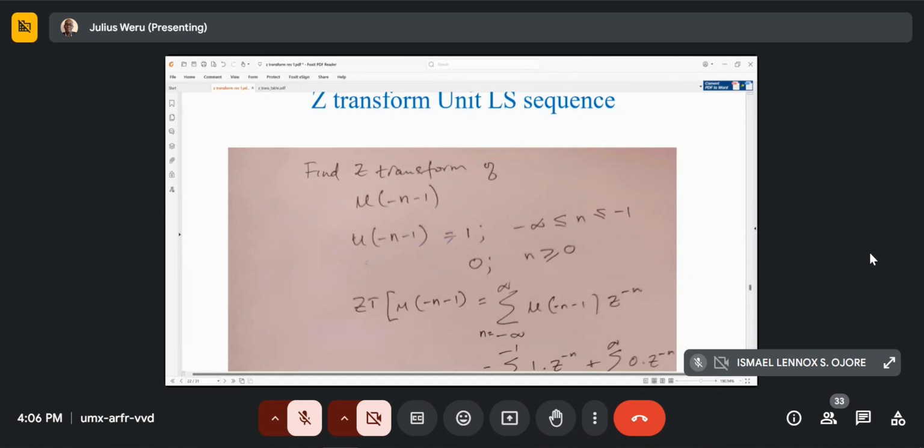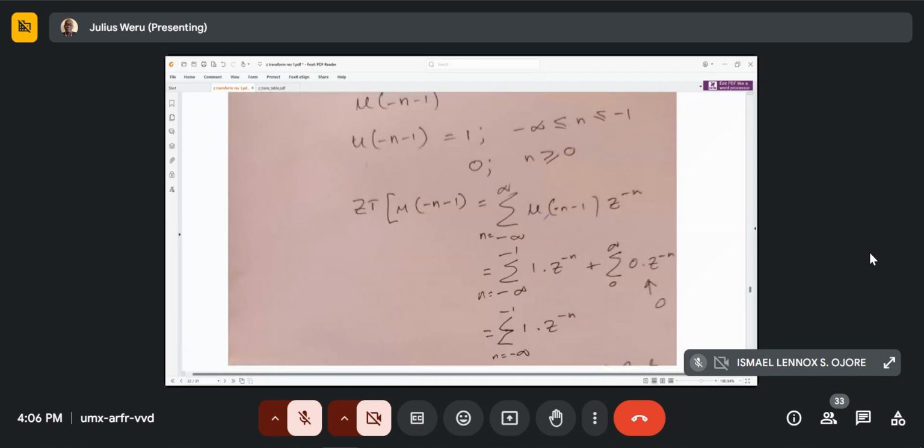It is equal to 1 for n less than or equal to minus 1, and is 0 otherwise, when n is greater than or equal to 0. So the z transform of this is this.